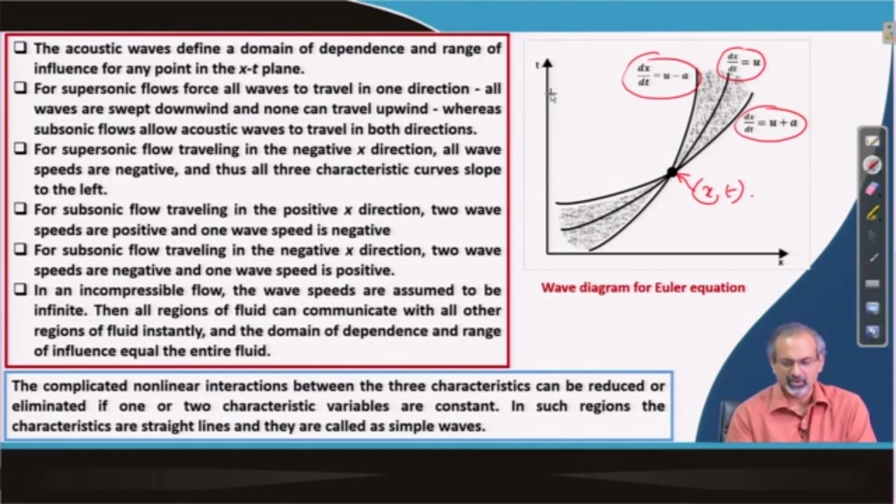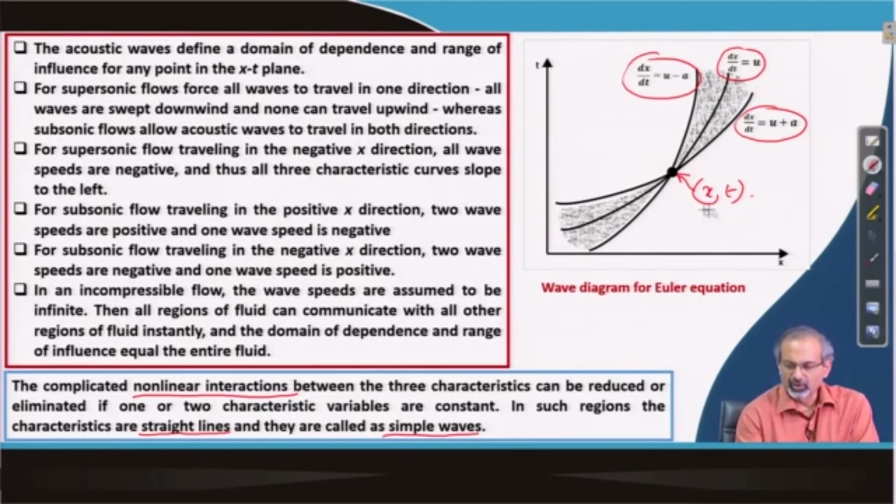If one or two characteristic variables are constant, then these characteristic lines become straight lines, and we have the so-called simple waves formed. So, it depends on how the characteristic variables are behaving in a certain region of the flow. Depending on that, the nature of these curves will change. In general, due to these nonlinear interactions, they will be curved.